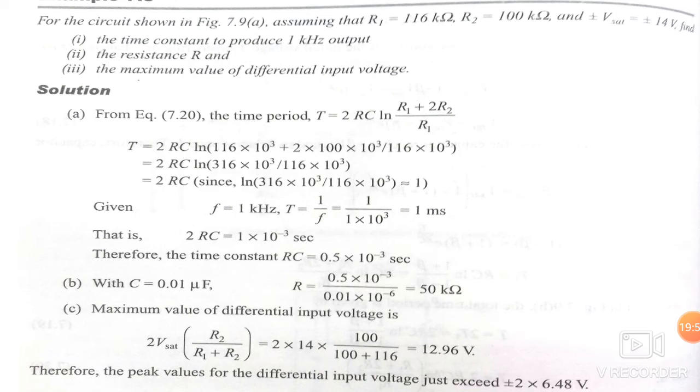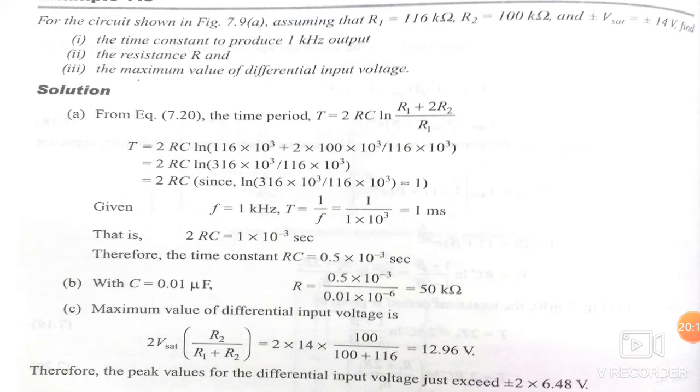The second part, we have to select the capacitor value, because the time constant is RC. The capacitor comes in a standard value, so we can take the standard value of the capacitor. It may be 0.01 microfarad, it may be 0.1 microfarad, it may be 0.47 microfarad, depending upon the standard values which are available to us.